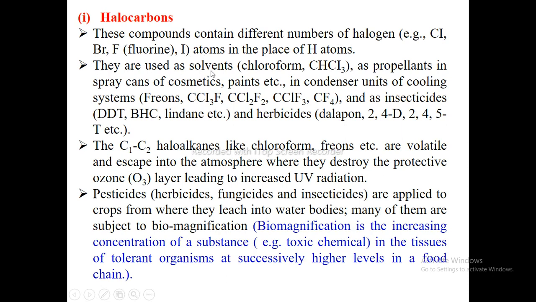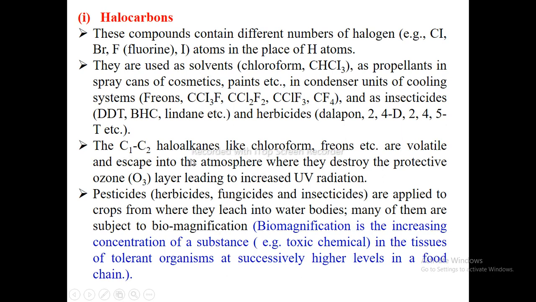They are used as solvents like chloroform, CHCl3, or as propellants in spray cans of cosmetics, paints, etc., and also in condenser units of cooling systems like freons. Different freons are used in cooling systems, and also as insecticides like DDT, BHC, lindane, etc., and also herbicides like Dalapon, 2,4-D, 2,5-D. All these are halocarbons.